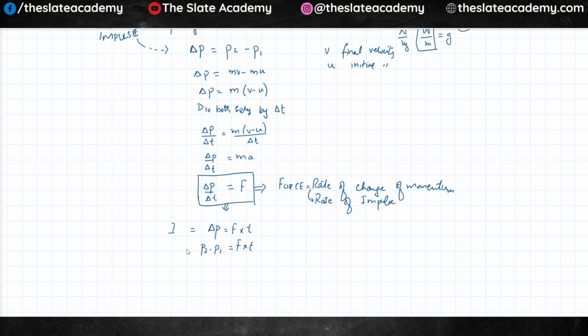Both of them will give me the calculation of impulse. Okay, so if I go by the first method, change of momentum, the unit for impulse is kg meter per second. If I go by the second formula, the last formula gives me F into T, which is Newton second.